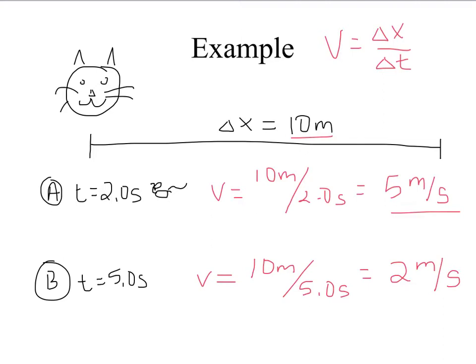All right, so that was some really basic examples of calculating average velocity. Again, in a math video, we'll do a few more examples if you still have questions about how to calculate that.